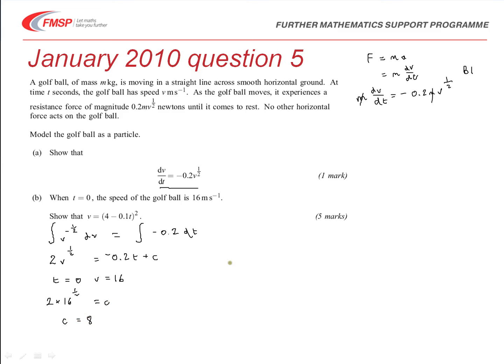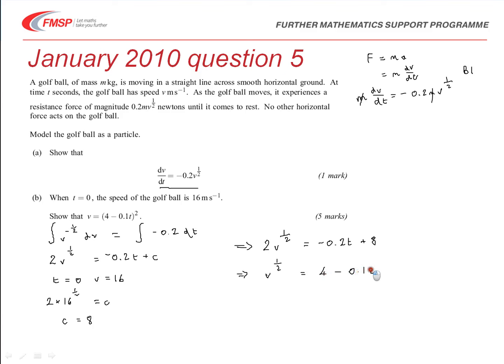So now we can substitute that value for c of 8 back into the relationship that we'd got from the integral to give us 2 v to the half equals negative 0.2 t plus 8. And now all we've got to do is to make v the subject. So v to the half is equal to, we'll divide through by 2 and put the positive part first.